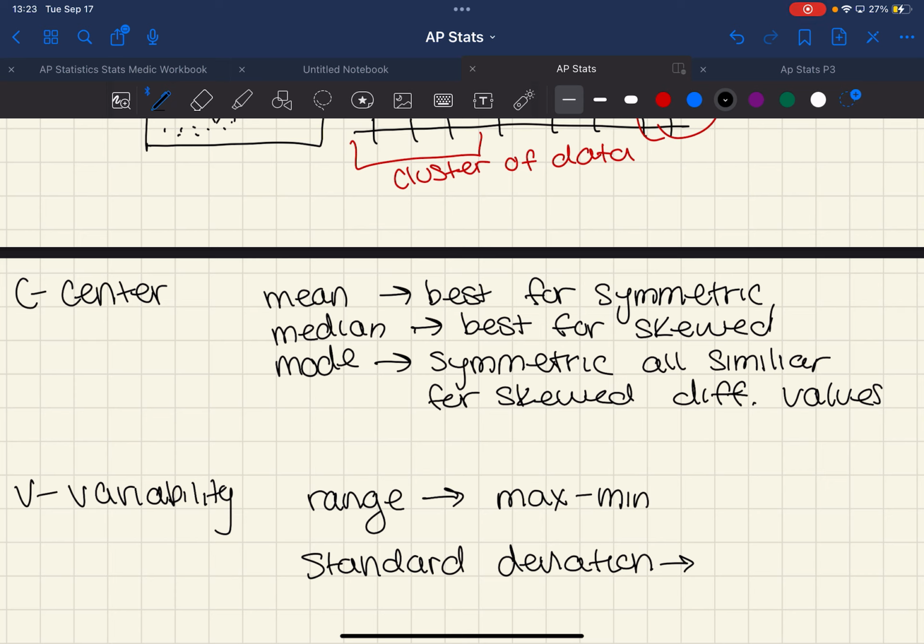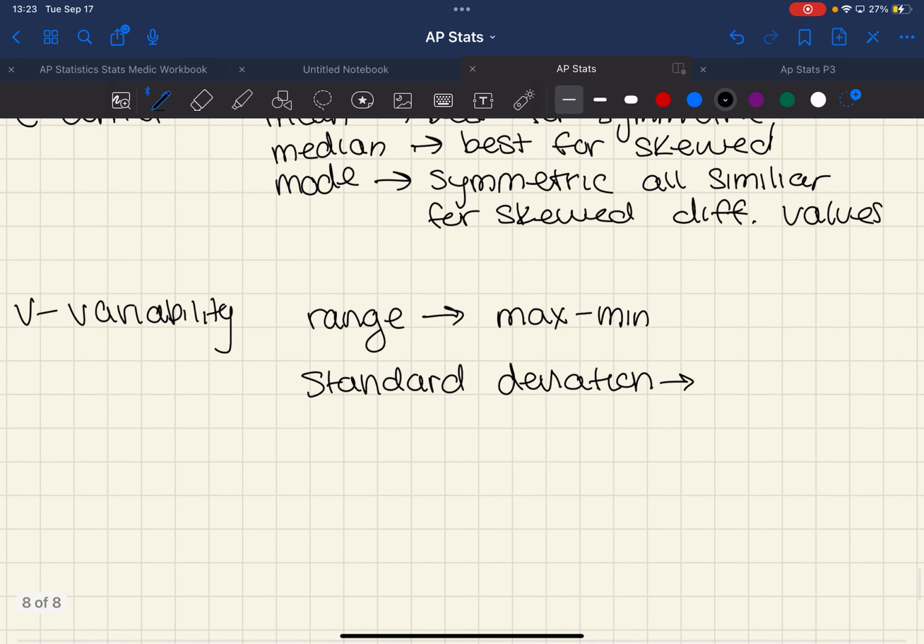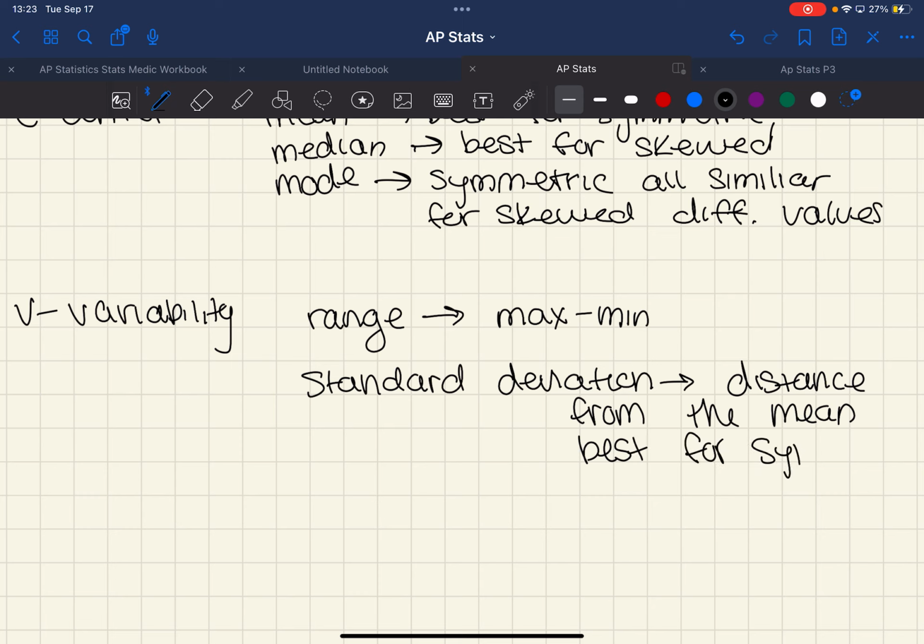So I am going to write down the formula. Give me one moment. Okay, so standard deviation, the formula. Before I do that, standard deviation, like I said before, is the distance from the mean, and it's best for symmetric.